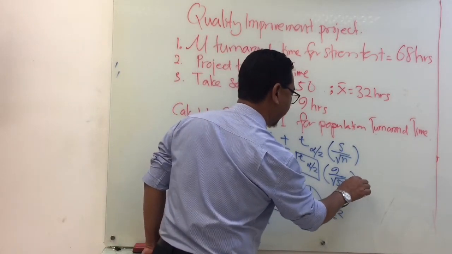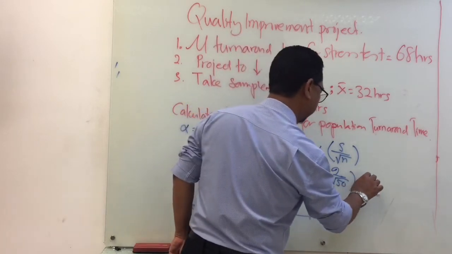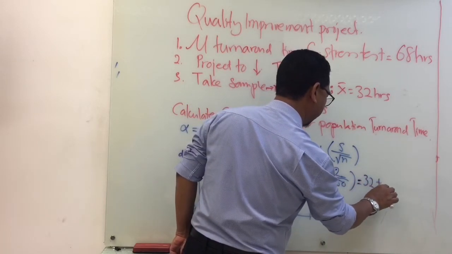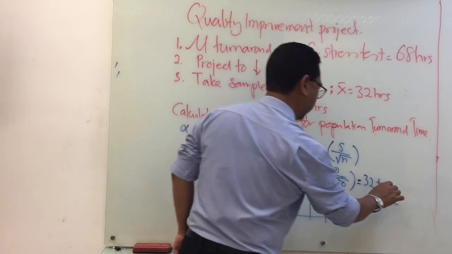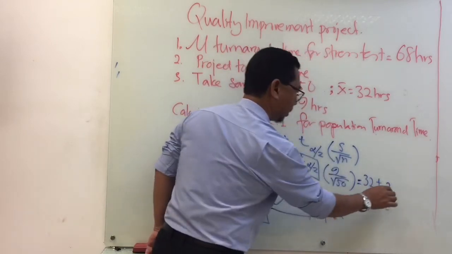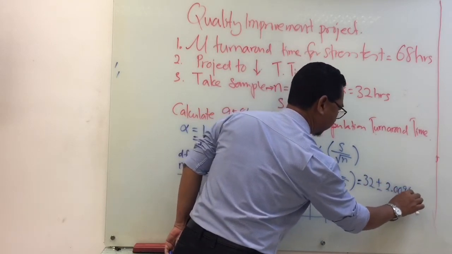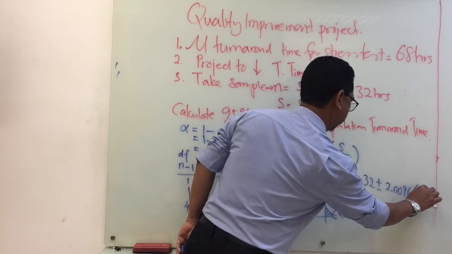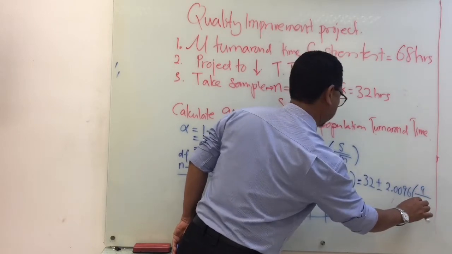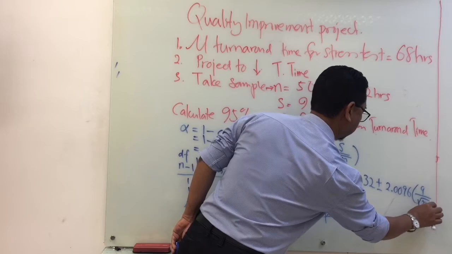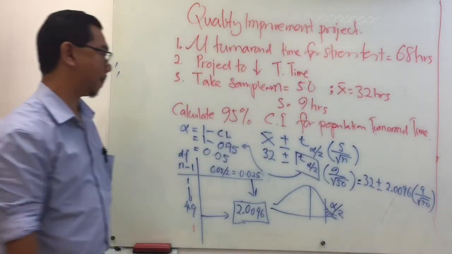Now it's 32 plus minus 2.0096 times 9 over square root of 50.